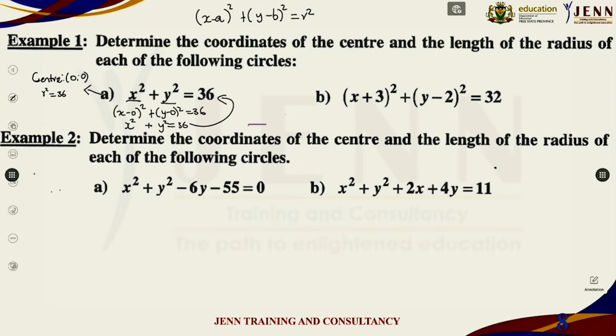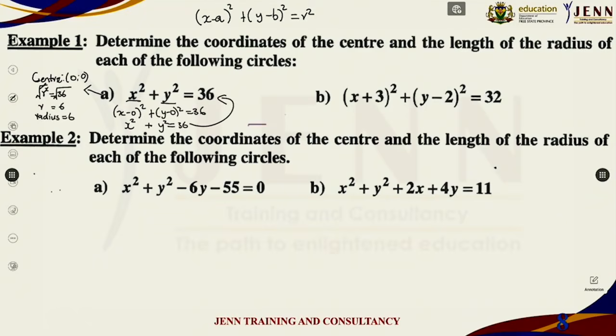To get our r, we apply the square root on both sides. The square root will do what with the exponent 2? They will fight and cancel each other, they will die together. Then you are left with r equals the square root of 36. That will give you 6. That means the radius, which is r, will be 6.